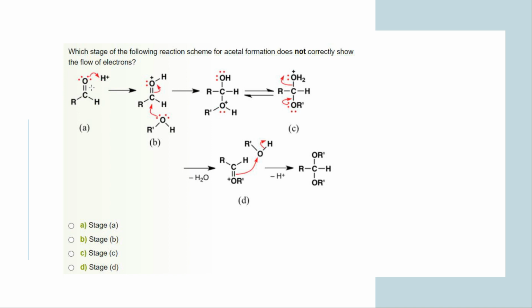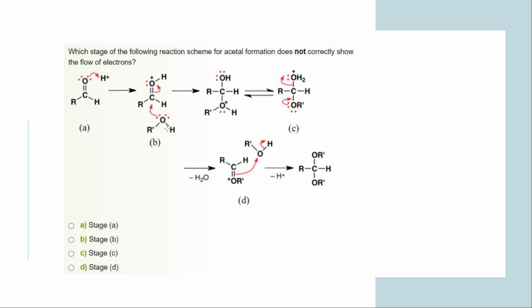An electropositive species is taking electron lone pairs. So this step is correct. Simple. And then you have step B, where the incoming alcohol is attacking at the carbonyl carbon.